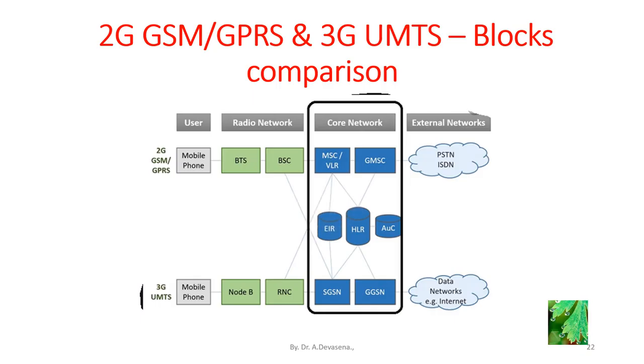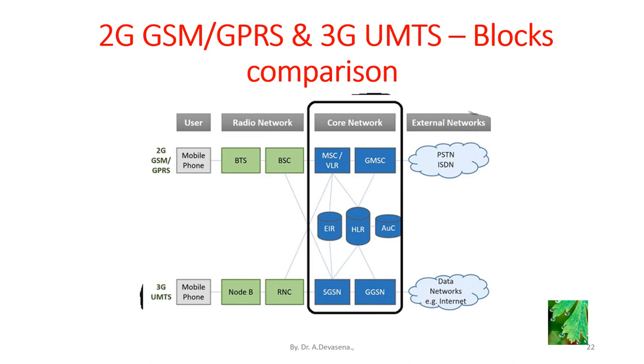In the 2G, that is GSM GPRS network, the blocks available are the user, which is the mobile phone, the radio network in the 2G is BTS and BSC, and in the core network we will be having MSC/VLR and we will be having GMSC. This is being connected to the PSTN in the external network side. These are the blocks that are available in the 2G GSM GPRS.